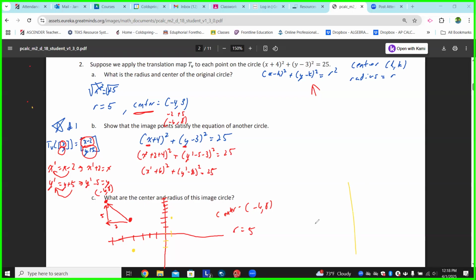In general, we took a circle with a center of -4, 3, and then I took that circle and moved it left 2 up 5 to produce a new circle. That's basically what I just did. So here's my original equation for my original circle. I use this transformation to move the circle to here. Now I have a new center. The radius obviously didn't change.